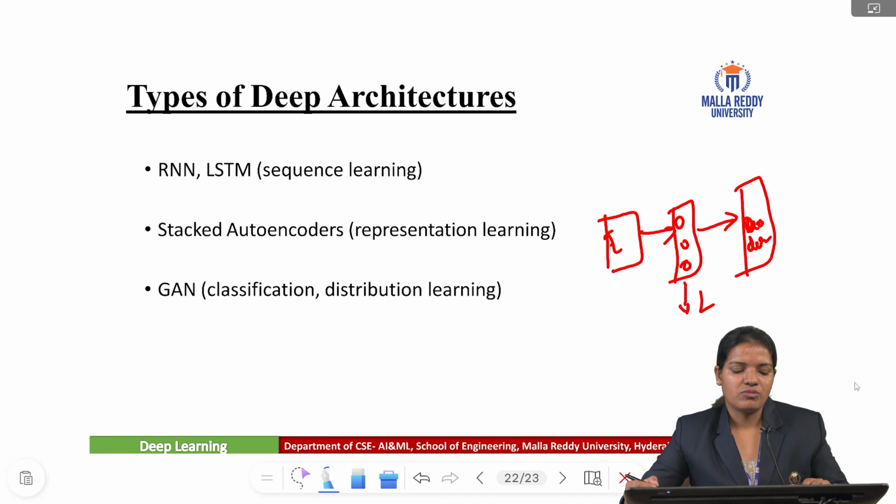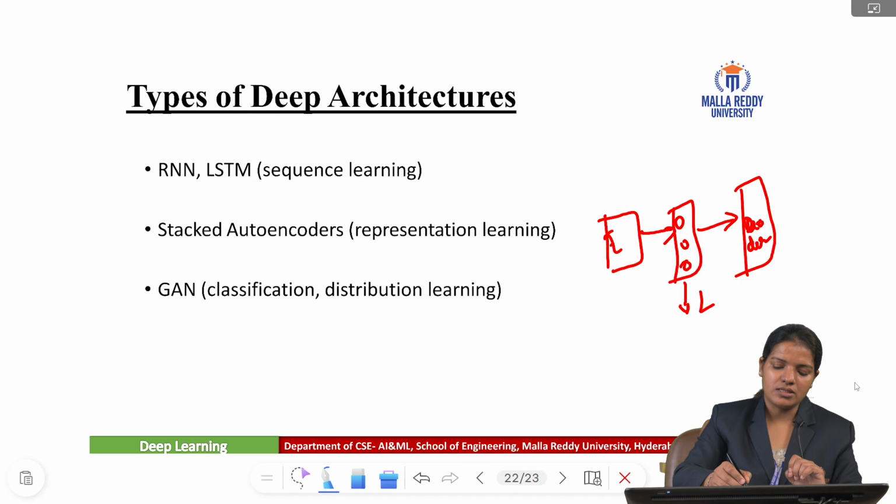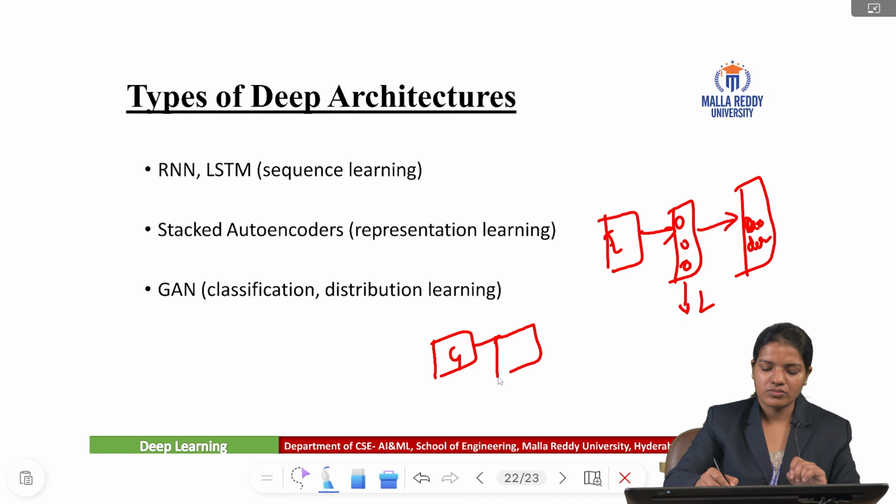Next is the GAN model. The GAN model is used for classification and distribution learning. It consists of two models. One is the generator, and the second one is the discriminator.